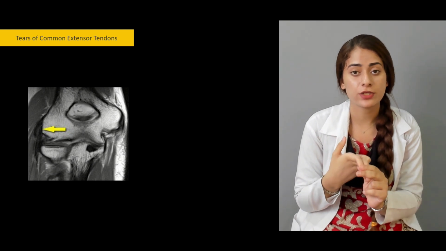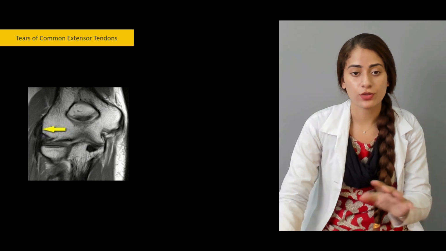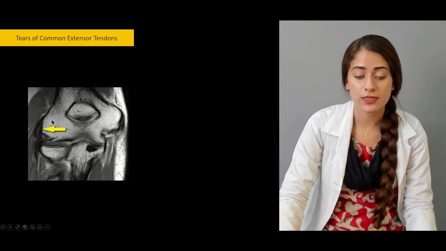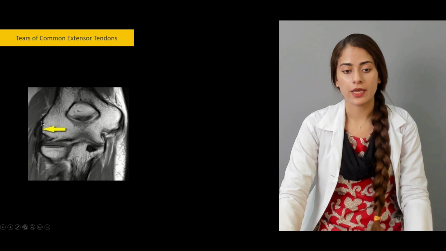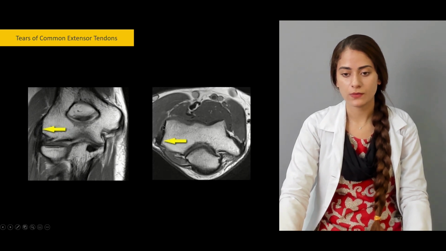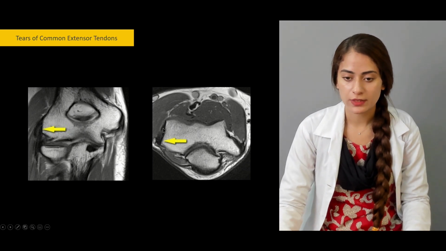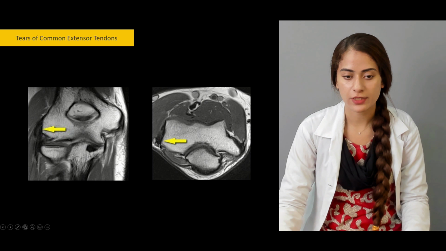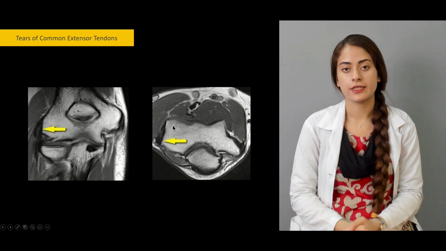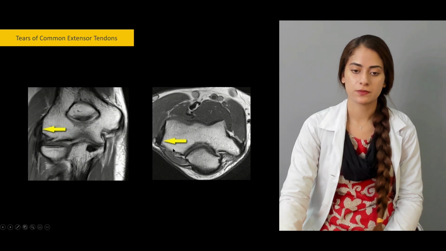The lateral epicondyle is the attachment site for the extensors, and these are the tendons that are seen to be ruptured here. This is the axial view. So this here is the attachment site of the extensor tendons. This is the lateral epicondyle.